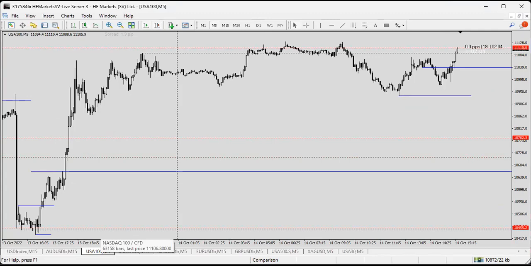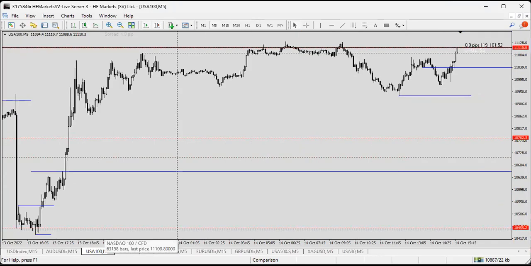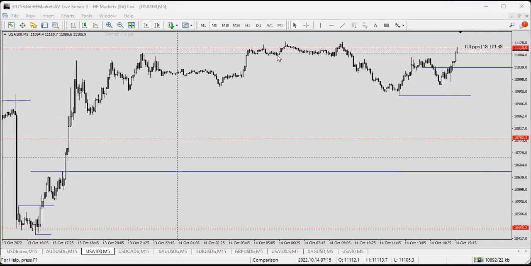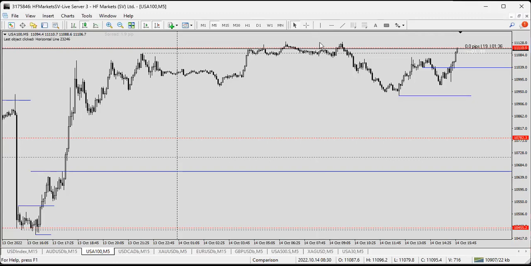Still think that this NAS short is coming. I want this AU short as well. Wow. Nah. I mean, I do want to short it again. All right, I'm gonna take one more shot on NAS. Right here.